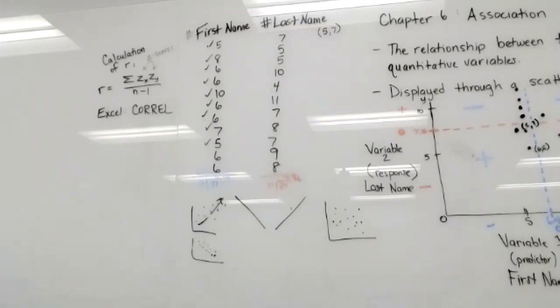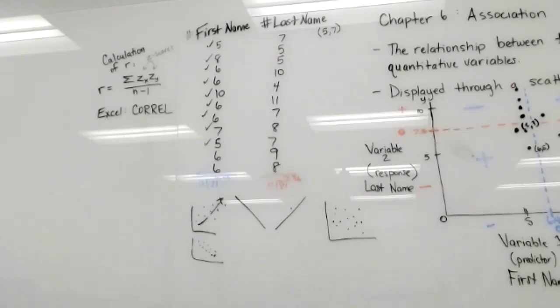Why am I going so slow? 6, 7, 7, 8. 5, 7, 6, 9. 6, 8. All right, so I'm going to go to formulas and more functions, statistical and CORREL.